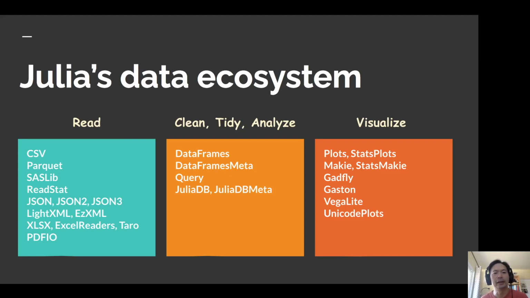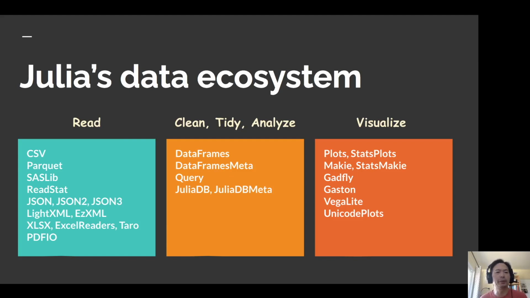CSV is a very commonly used format, and the CSV.jl package is a very high quality package that allows you to read data into memory very quickly, and it also has a lot of features. Parquet is a format that's used by a lot of the big data processes, and that file format is very compressed and efficient.